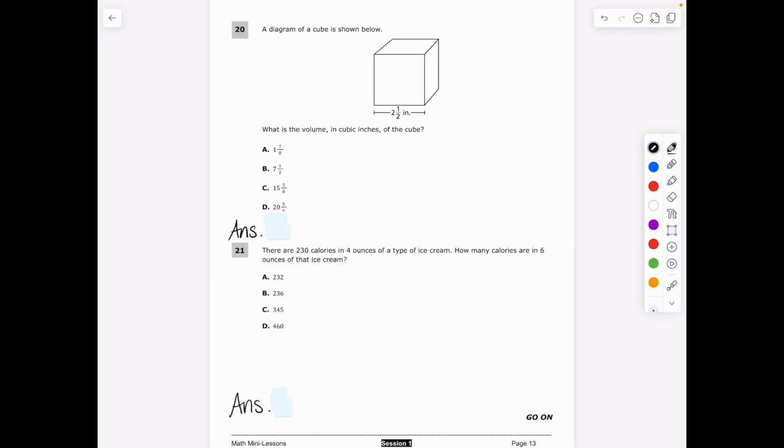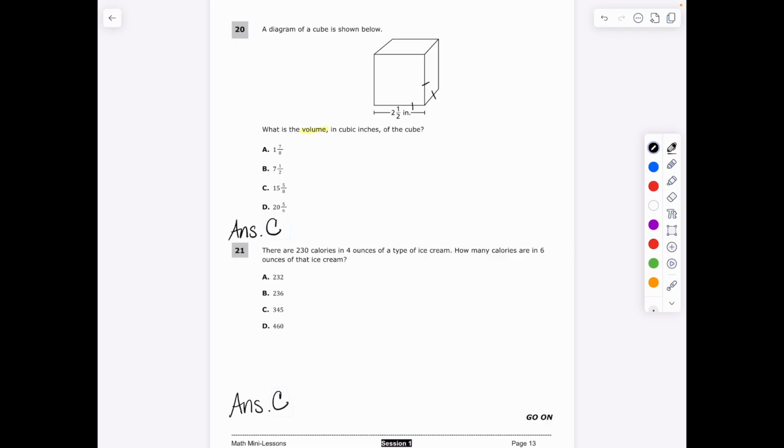Okay, let's look at 20 and 21. We have C and C. So 20, obviously it's going to be a volume problem. I see a 3D shape, and boom, there's the word volume. So I want the volume of the cube. Because it is a cube, that means that all the sides have the same dimensions. They have the same length, width, and height.